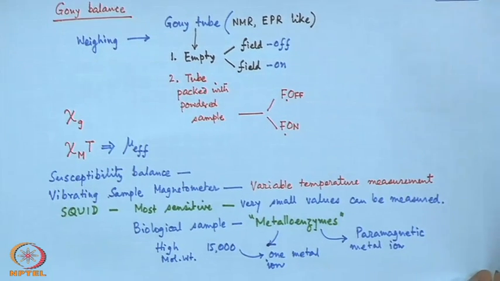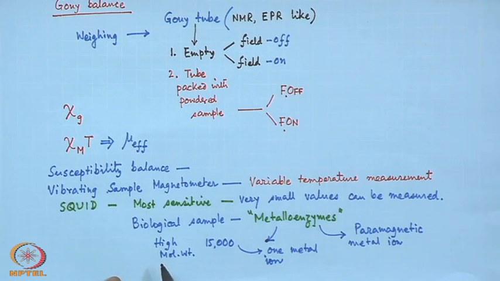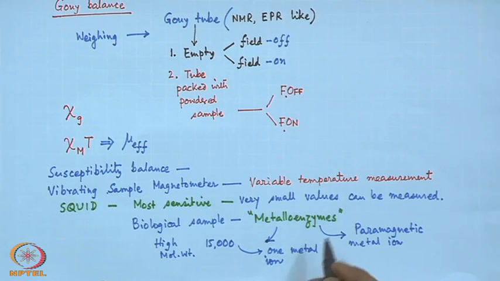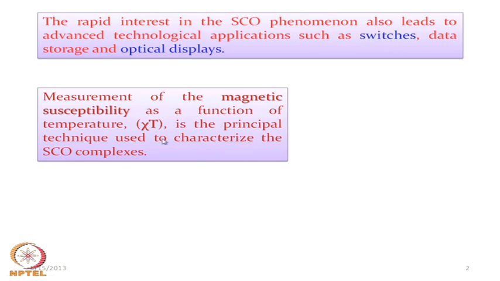The presence of this one metal ion within this huge biological molecule makes measuring its susceptibility a difficult task. So, SQUID is well suited for measuring the magnetic moment available through some metalloenzymes. So, these are the different techniques we can use for these magnetic moment measurements.